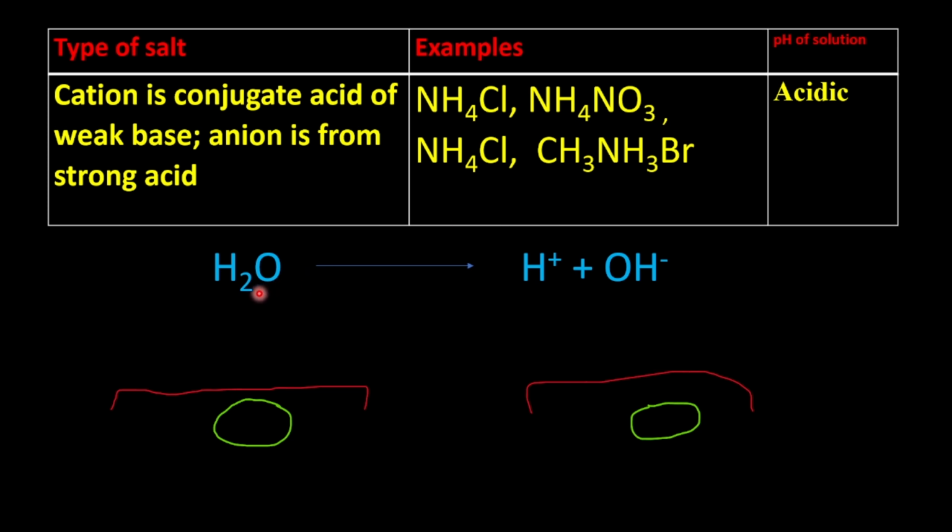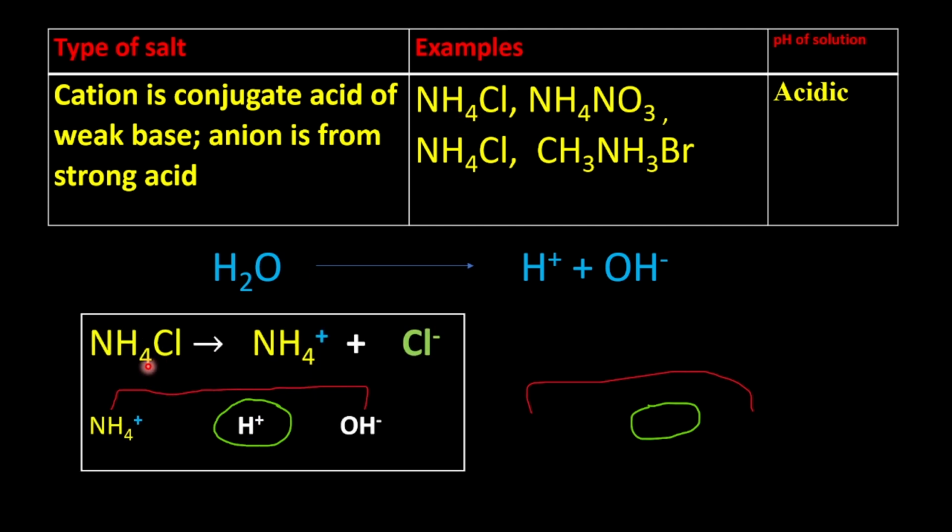So we have H2O giving us H+ and OH-, meaning that we are going to work around this. So let us pick one of the molecules here. We are picking ammonium chloride. Now when ammonium chloride dissociates, you will get NH4+ and Cl-.